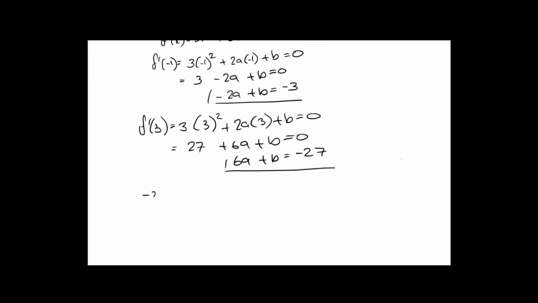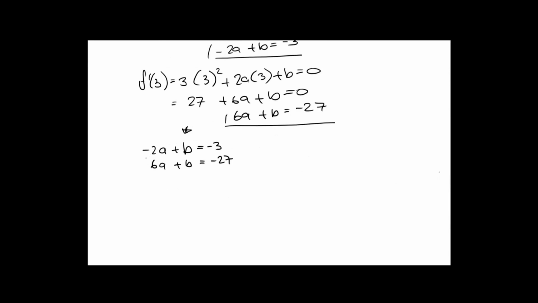So the first one is negative 2a plus b equals negative 3, and 6a plus b equals negative 27. So our candidate to get rid of first is the b bit. So I'm going to subtract this entire equation from the first one.